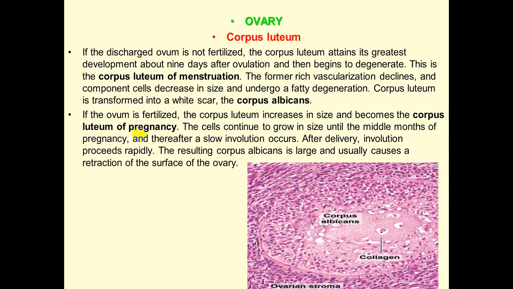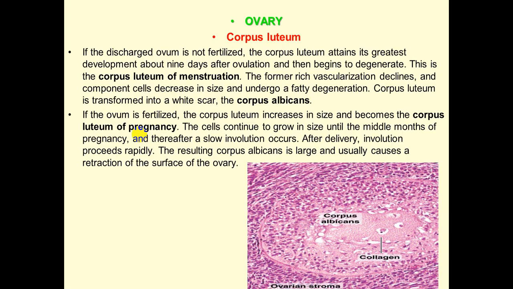Chorionic gonadotropin helps the corpus luteum to produce progesterone. And usually this corpus luteum of pregnancy enlarges, becomes very large, and lives up to the end of the pregnancy.